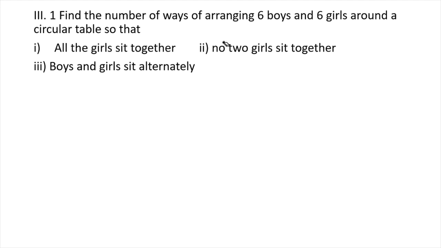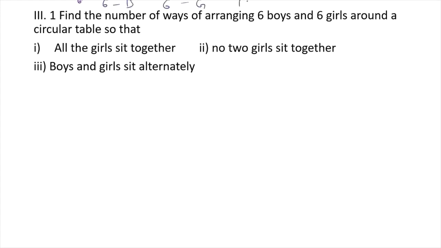In how many ways can we arrange 6 boys and 6 girls around a table? In how many of these arrangements do all the girls sit together? No 2 girls sit together. Boys and girls sit alternately. So we have done the same kind of problem in linear permutations. Okay, so first let us write the information we have. We have 6 boys and we have 6 girls.